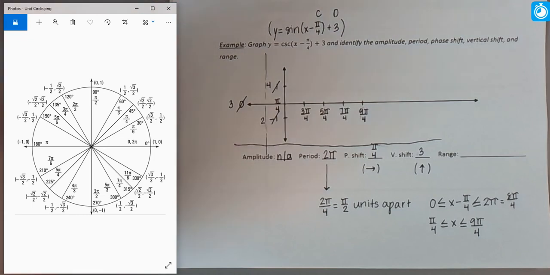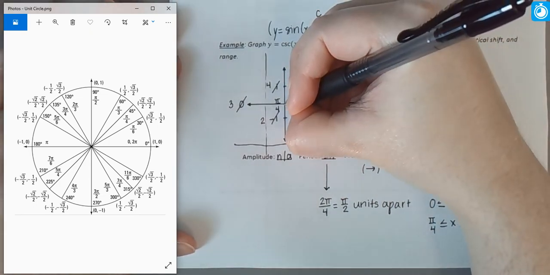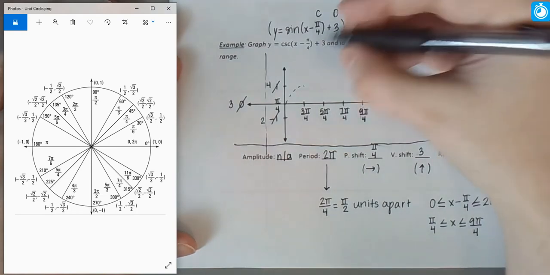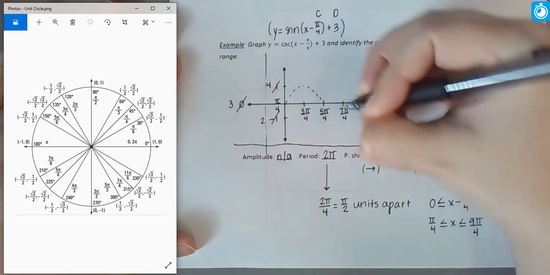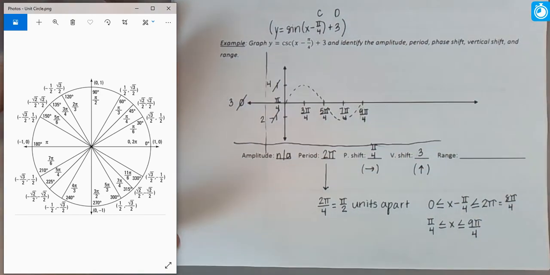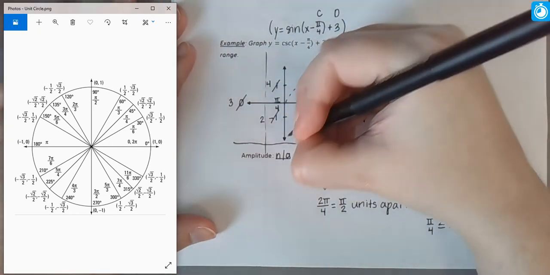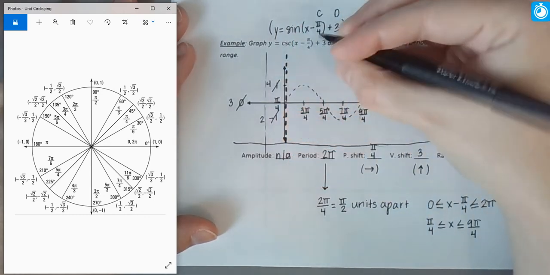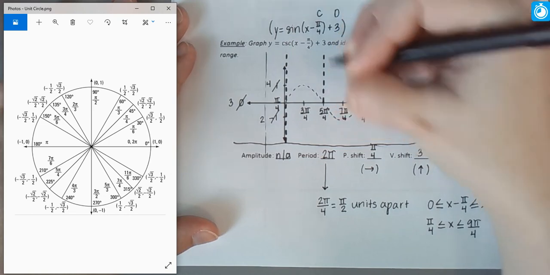Okay, so we're graphing a cosecant, which means we're going to start with the corresponding sine graph. So sine starts at the center line, increases to its maximum, goes back to the center line, decreases to its minimum, and then goes back to the center line. Now each location where sine crosses its center line, that's where we're going to have an asymptote. So let's put in those asymptotes. In this case, we get to graph 3 of them.